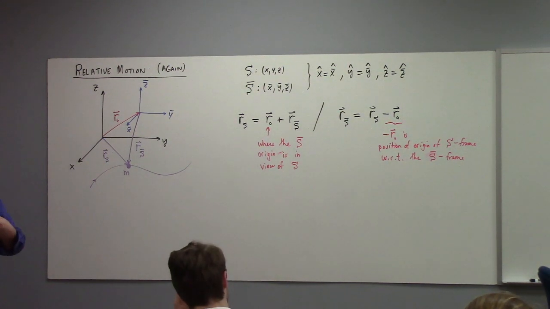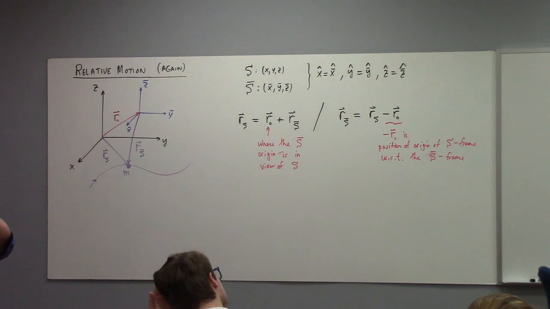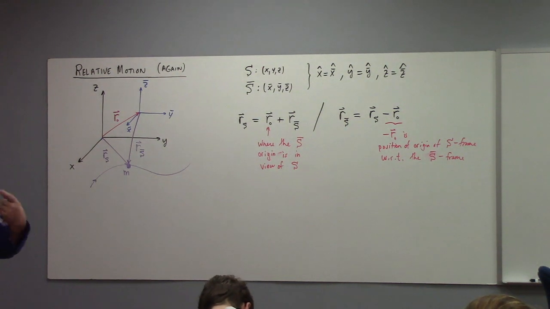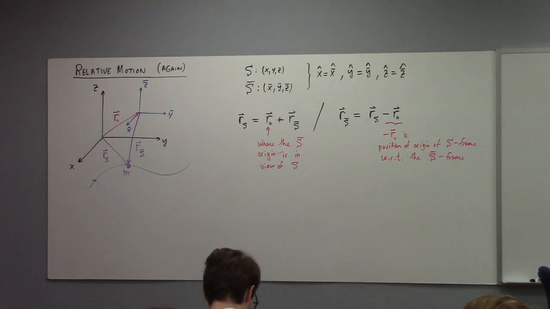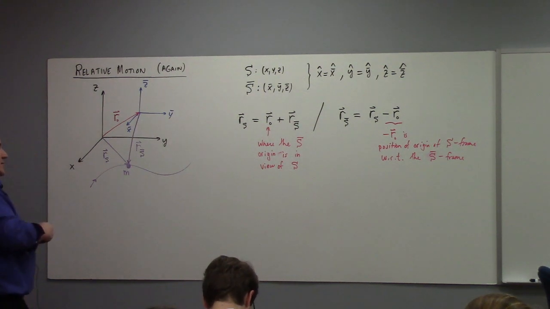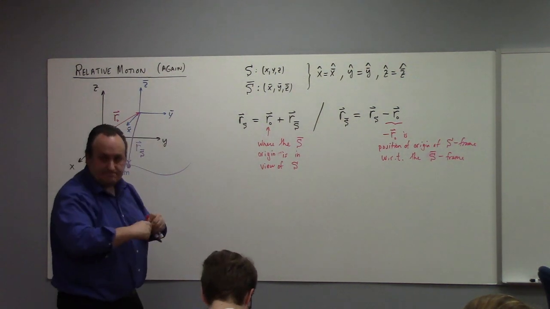In some sense, neither frame is really preferred. I could just as well have said the bar frame was unmoving and the other frame was moving. It's in some sense a matter of perspective. But anyway, once we have this, then we differentiate.